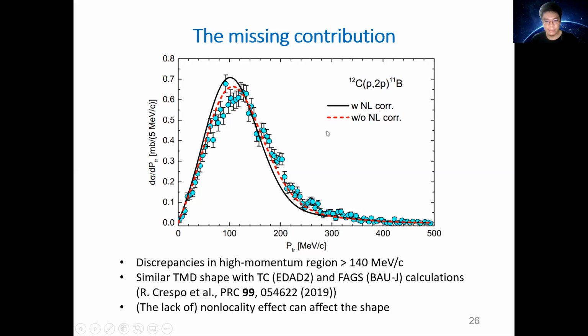They also have a slight underestimate of the data here. But if you don't use any non-locality corrections, then you will get what we call a wider shape. In some sense, the lack of non-locality corrections may hide the real effects, and it may mask them, as it cancels out the real effect, so you don't really see the problem.